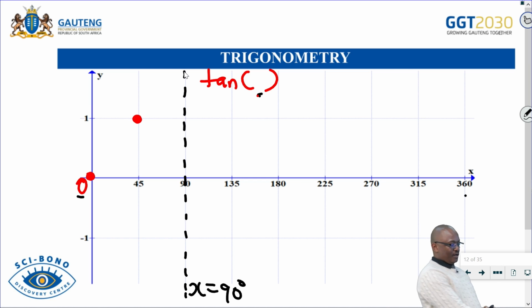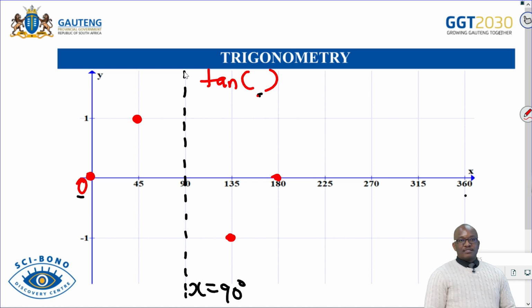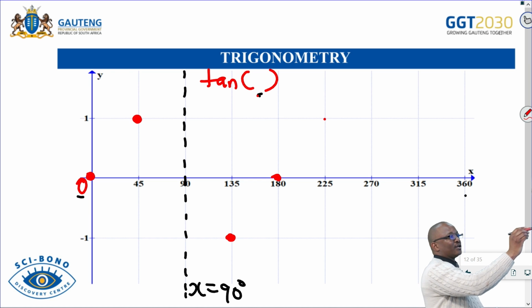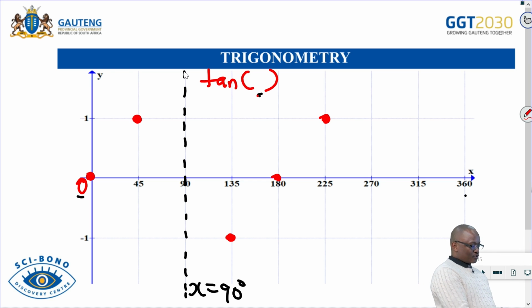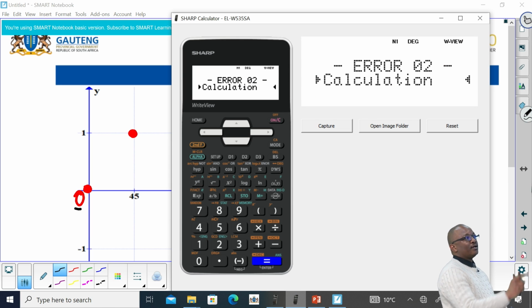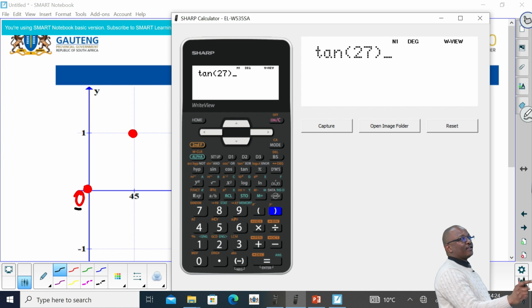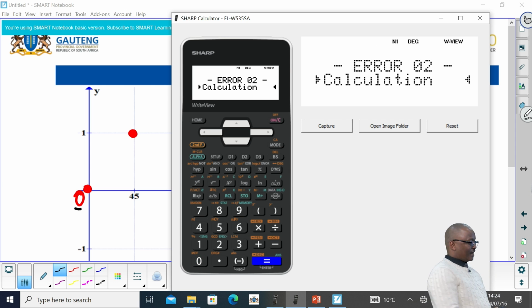Then from there, when you say tan of 135, you will get -1. Then tan 180, you will get 0. And tan 225, you will get 1. Then also, tan 270, you will find that our graph there will be undefined as well.